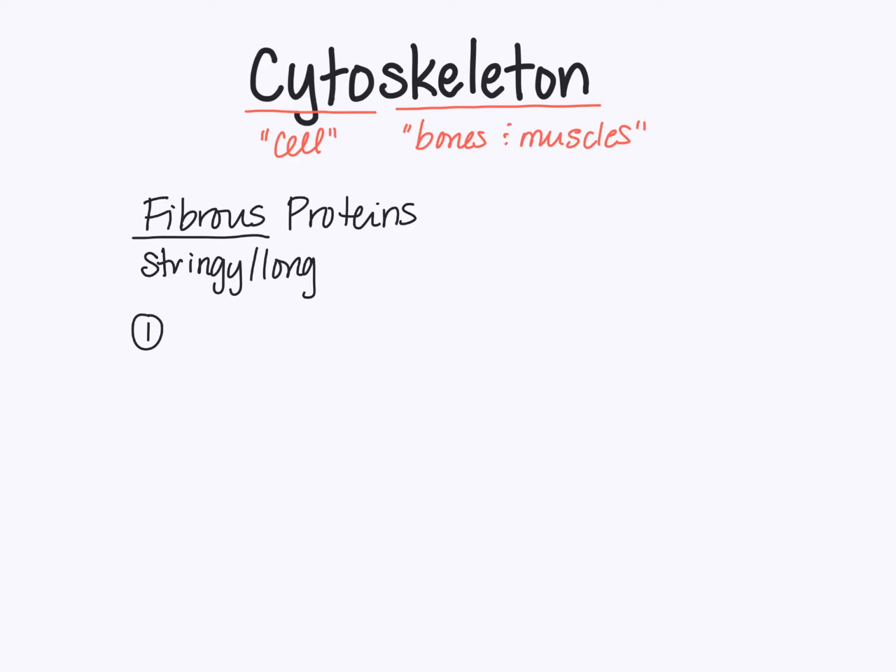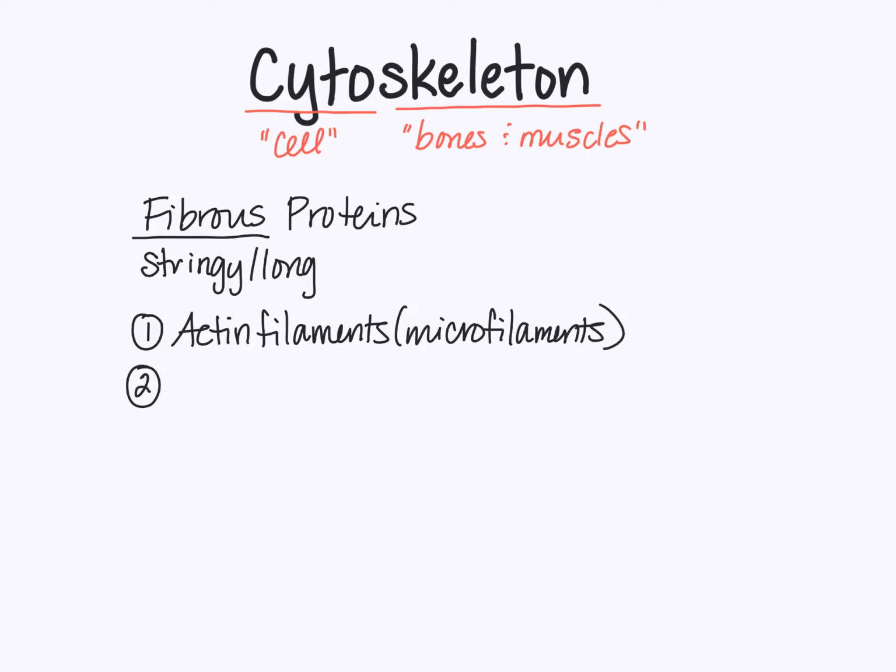So the first one we're going to talk about are actin filaments, also called microfilaments. The second kind we're going to talk about are intermediate filaments.